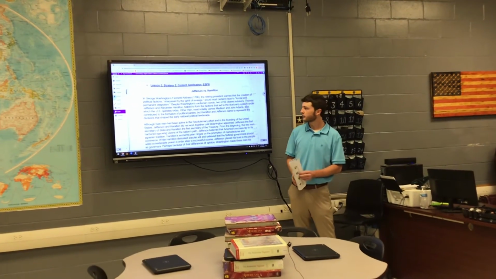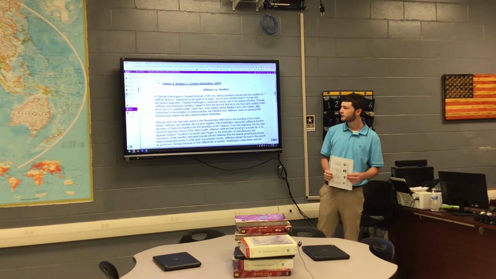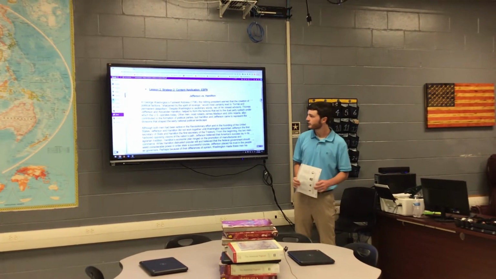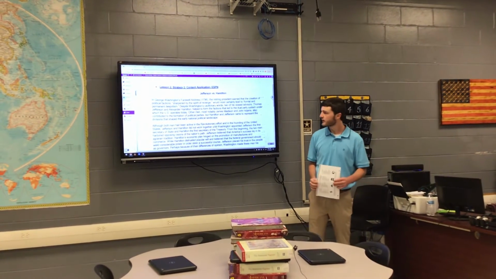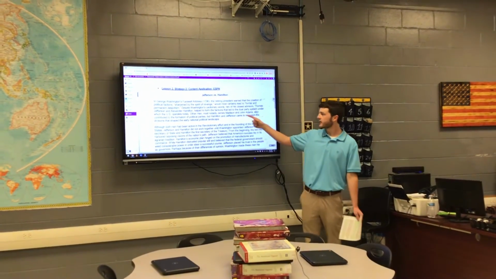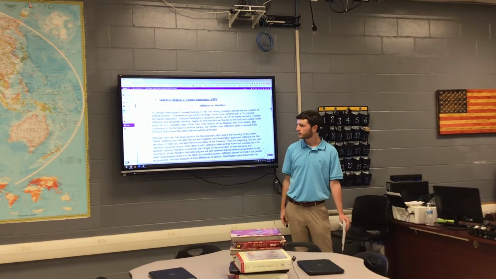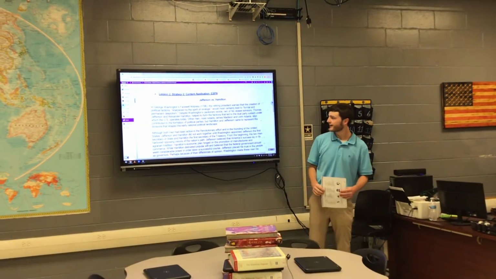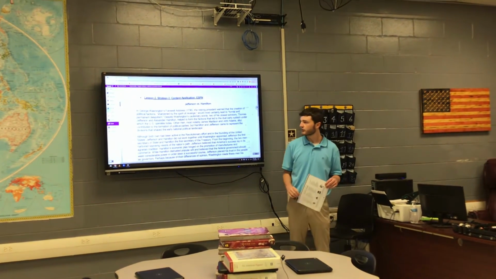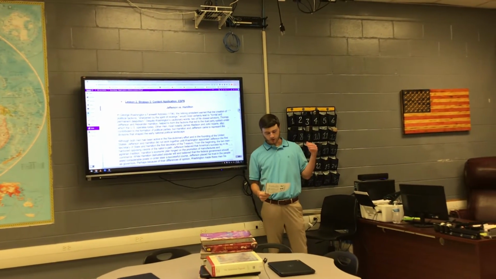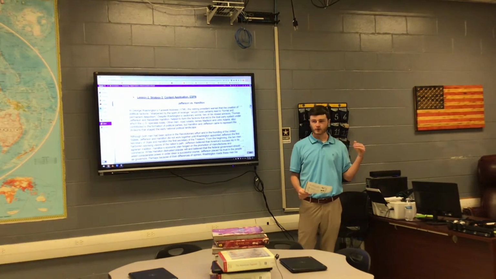Despite Washington's cautionary words, two of his closest advisors, Jefferson and Hamilton, helped to form the factions that led to the dual-party system under which the U.S. operates today. Other men, most notably James Madison and John Adams, also contributed to the formation of political parties, but Hamilton and Jefferson came to represent the divisions that shaped the early national political landscape. So we're looking for economic, social, political, and environmental.